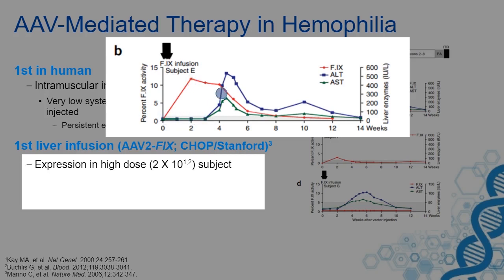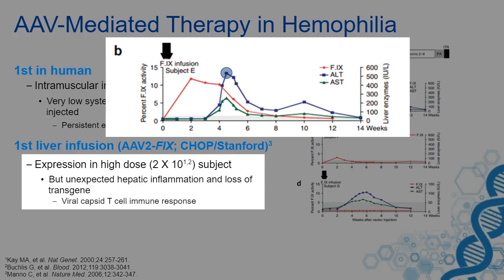But then there was an increase in the liver enzymes, notably the ALT, and that was associated with a decrease in factor IX expression. This was very surprising, in part because the studies were based on dog models, and this did not occur in the dogs, showing that people aren't dogs, but still it was a surprising finding.